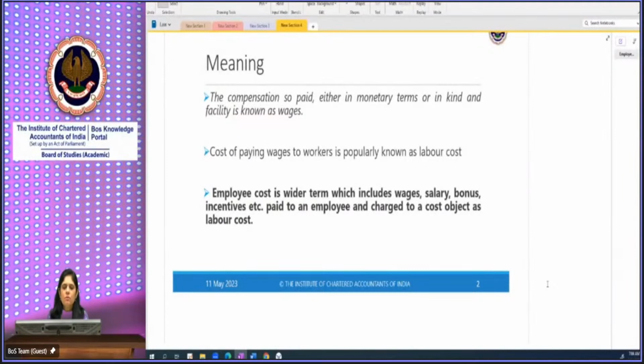So it includes wages and salaries, bonus, incentives, kind, benefit, facility, everything. The employer is bearing cost for everything. But the employee sees that whatever I am receiving in hand is salary, that should be the employee cost. No, the employer is incurring much other cost also in addition to the salary they are giving to the employee.